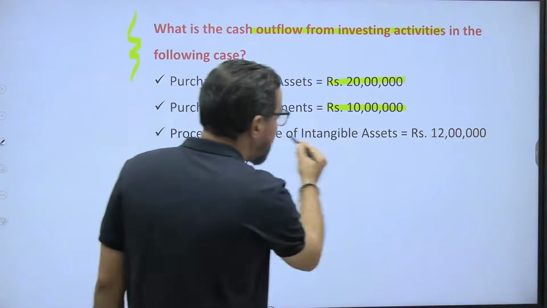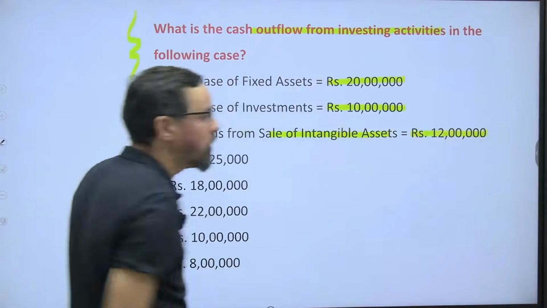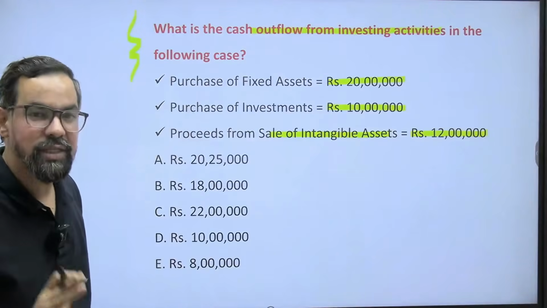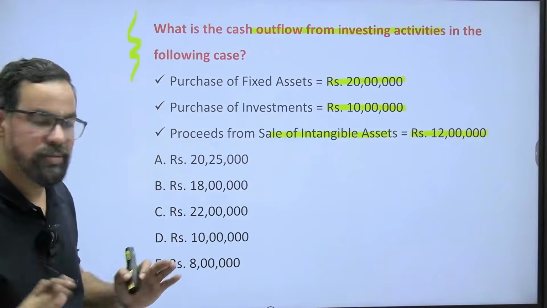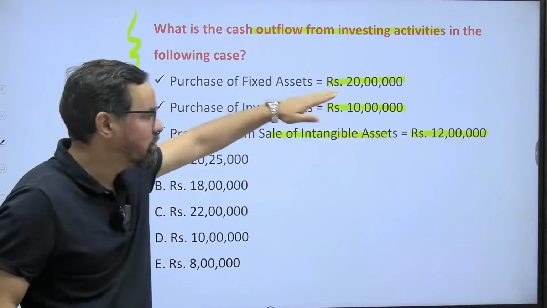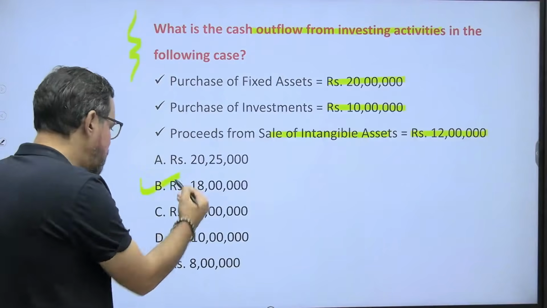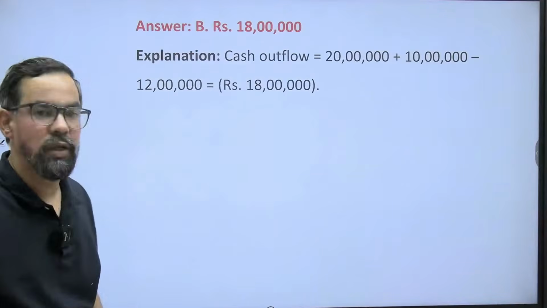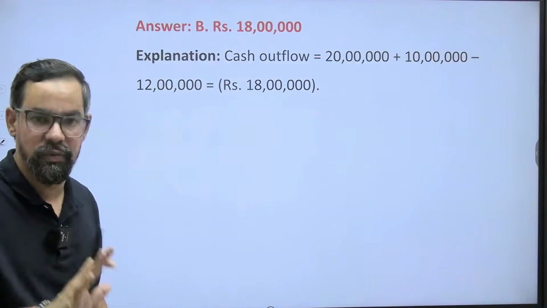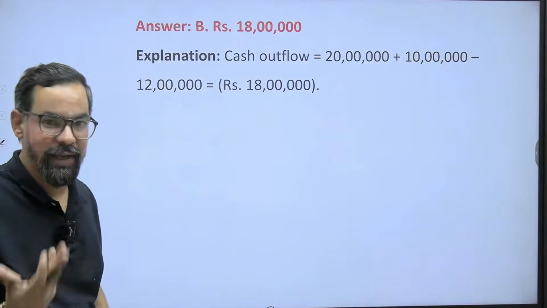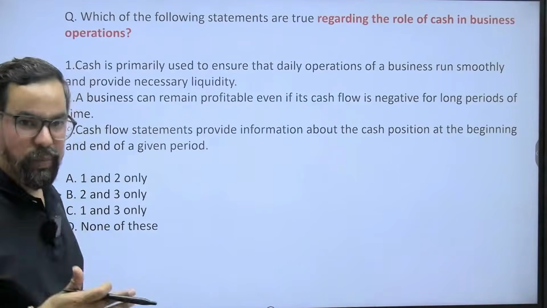Proceeds from sale of intangible asset, 12 lakh, is also part of investing activities. That means you just have to do the plus minus: 30 lakhs minus 12 lakhs, that is 18 lakhs, your answer. So option B will be the correct answer. Sometimes they can ask this type also, and you will be very lucky in that case. But we will be practicing other questions also.